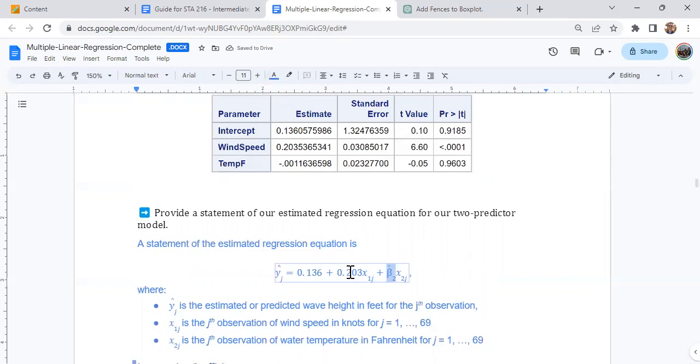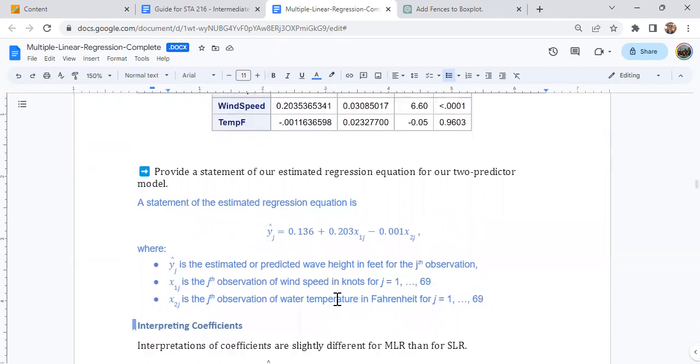And then we actually have minus 0.001. That is the estimated multiple linear regression equation.